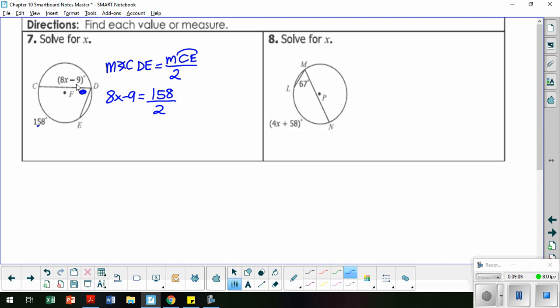So how do we solve this? Well, 158 divided by 2 is going to be 79. Add your 9. Wait a minute, nope, this is 79, not 77.